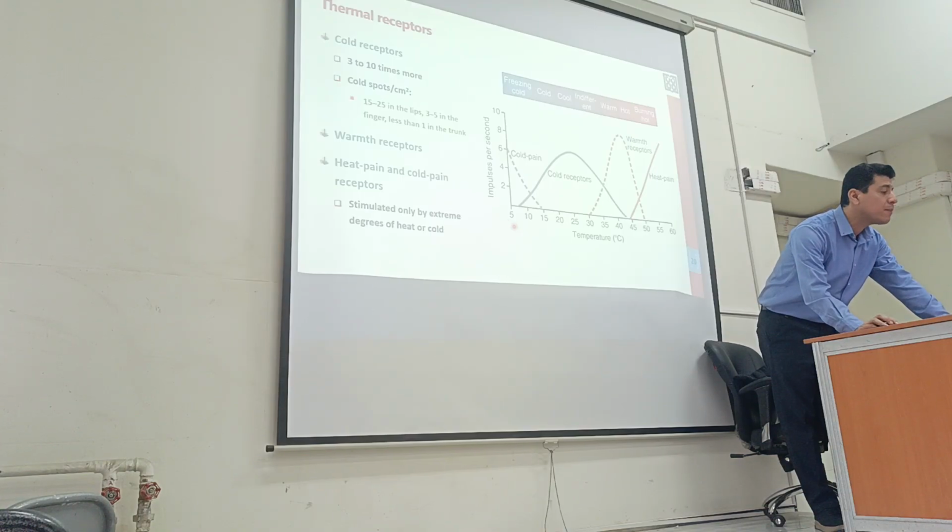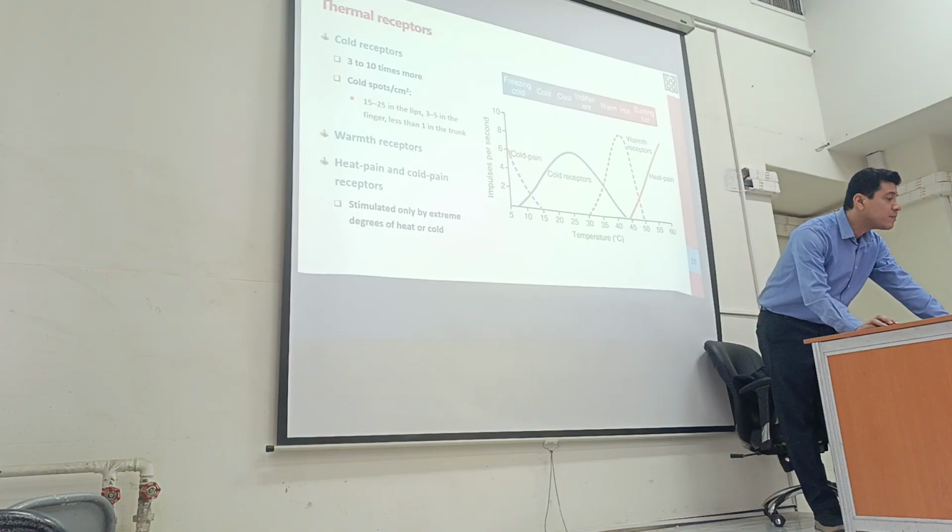Imagine that the skin temperature is at 5 degrees Celsius, right? So at this temperature of the skin, the only type of receptor which is active is cold pain. So this is the number of action potentials transmitted through these receptors, right?